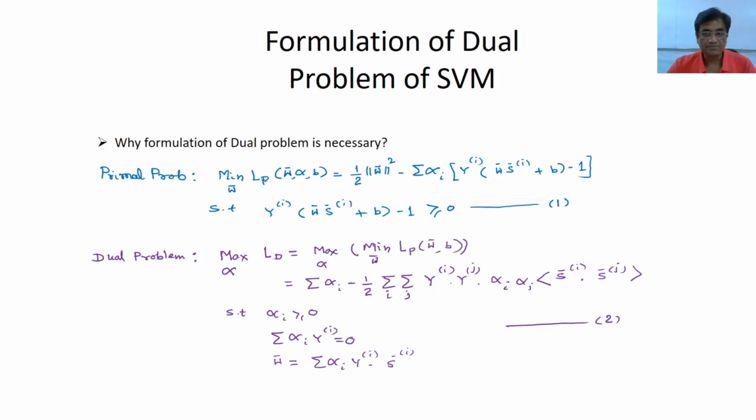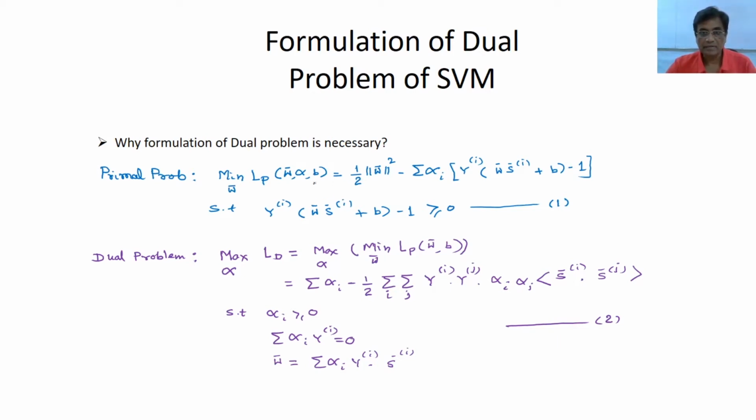LP is the Lagrangian function corresponding to the primal problem, which is a function of parameters W, alpha, the Lagrangian multiplier, and B. If we minimize with respect to W, then it becomes the primal problem, and the problem is this.